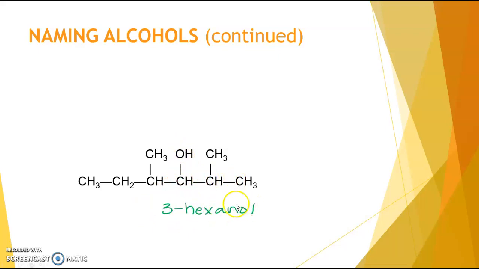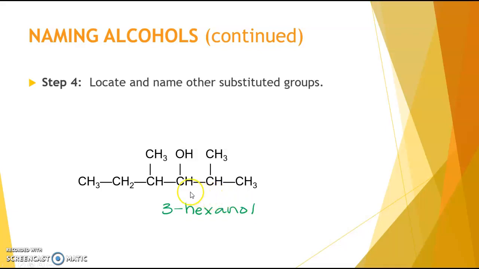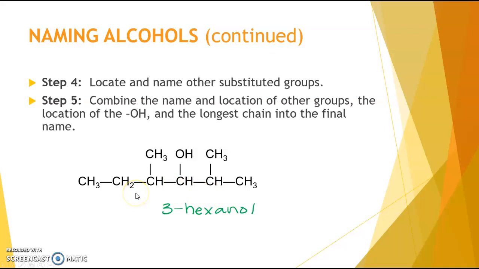But if I have other substituents, I need to locate and name them accordingly, and then combine it all to give the overall name. So in this case, I've got 2 methyl groups right there. That's going to tell me I'm going to have dimethyl. 1, 2. And I'm going to stick with that 3 because that gave the hydroxyl group the lowest number.